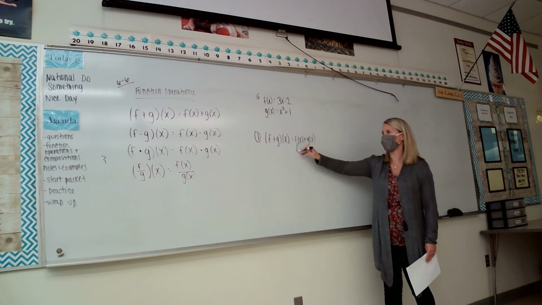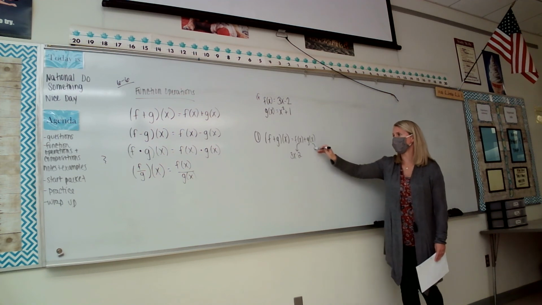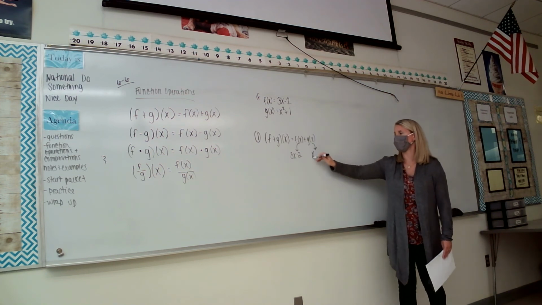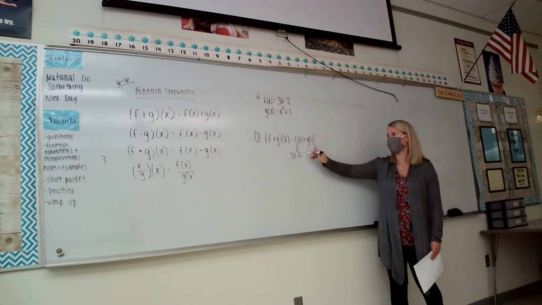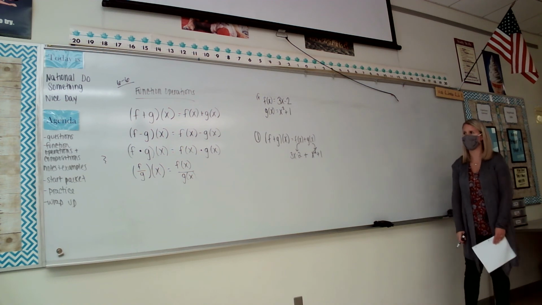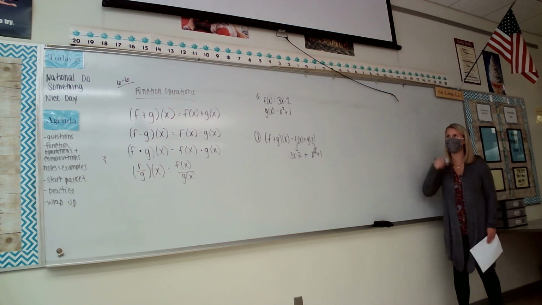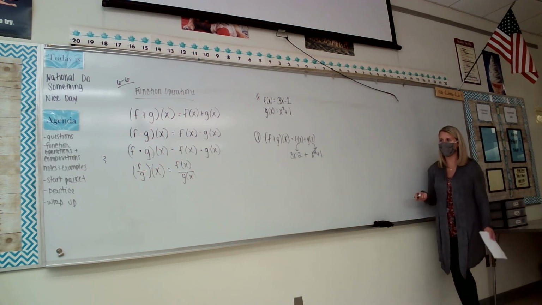F of x, I'm just going to replace with 3x minus 2. G of x, I'm going to replace with x squared plus 1. And then my main goal is to just take those two things and add them together. So it's just getting past how it's set up and how we relate that back to what we were given. In this case, we're just really combining like terms.